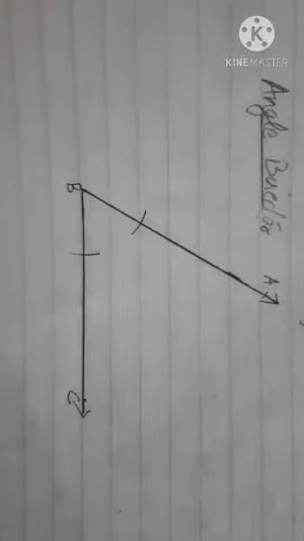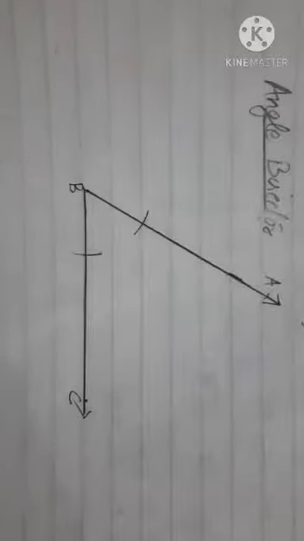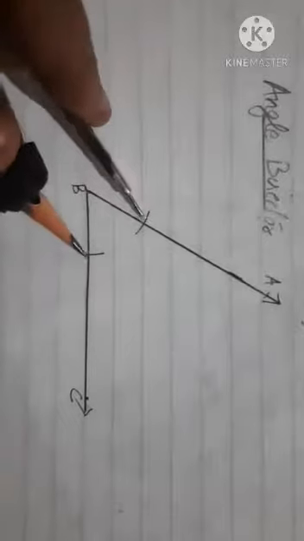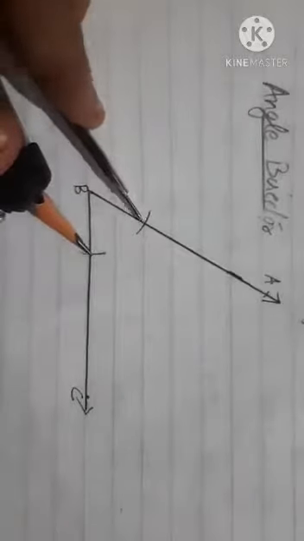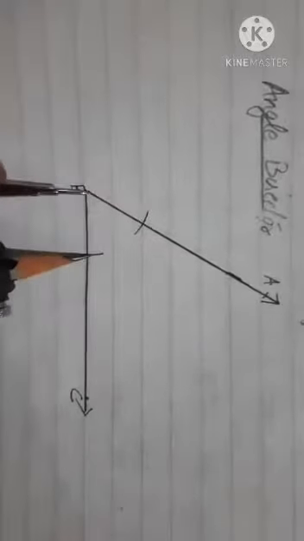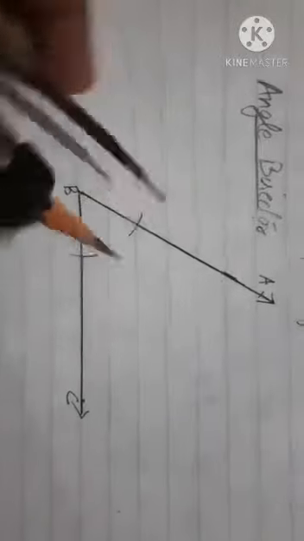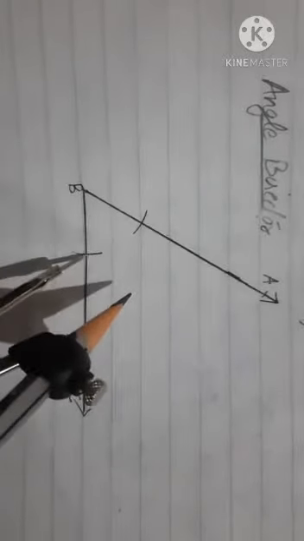The second step is I will measure. You can keep the same measurement, it will be the same measurement itself. I will not change the measurement, and I'll try to draw internal arcs. First I will keep the point at one of the arcs which I have drawn earlier and try to draw internal arcs.